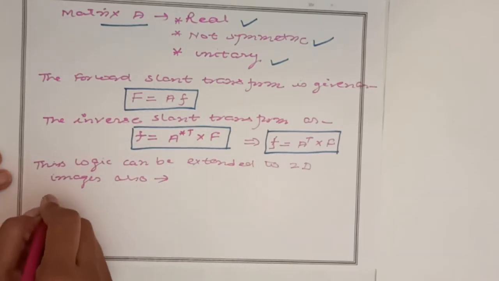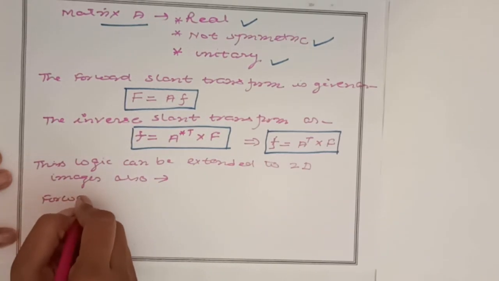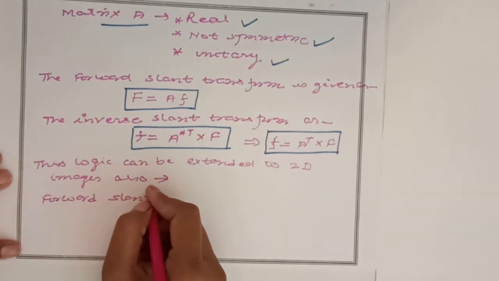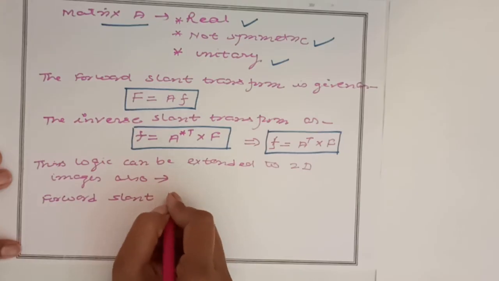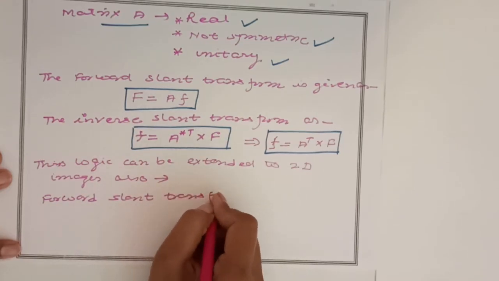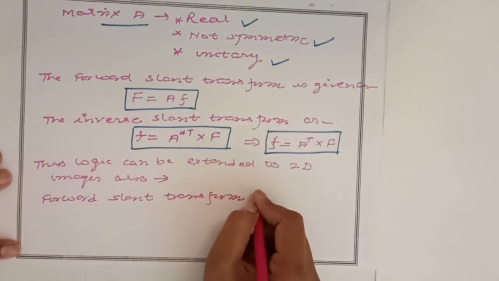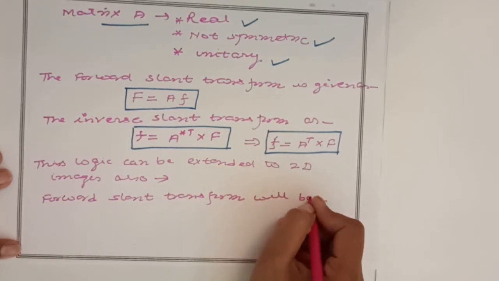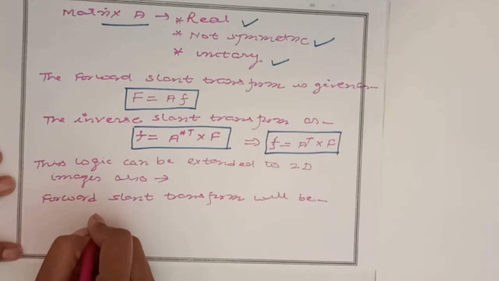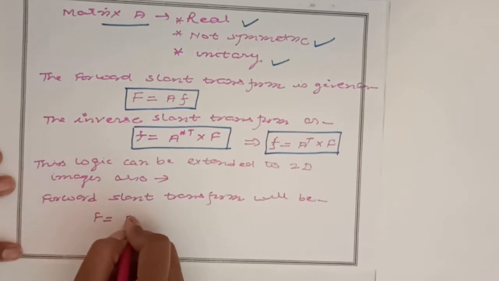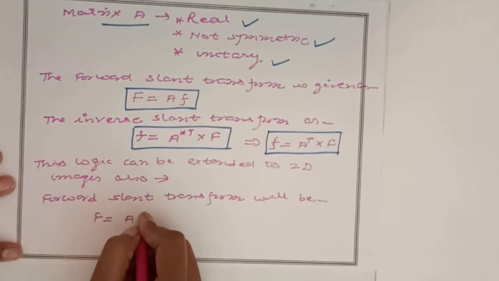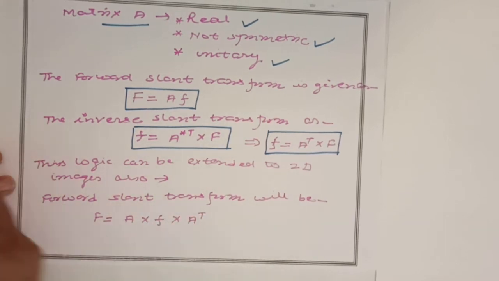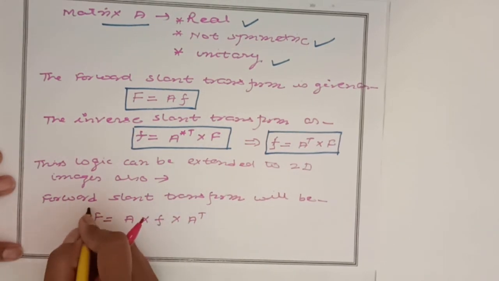So the forward slant transform will be F is equal to A into f into A transpose.